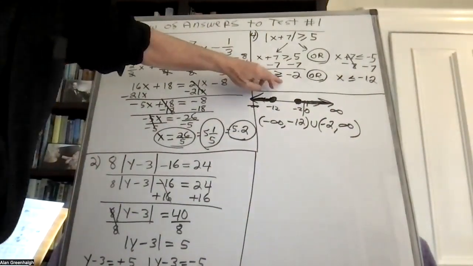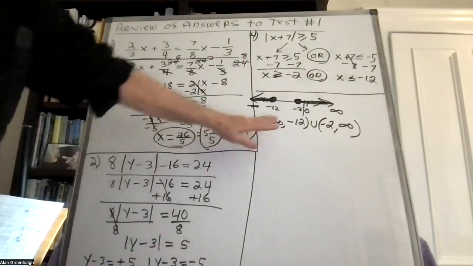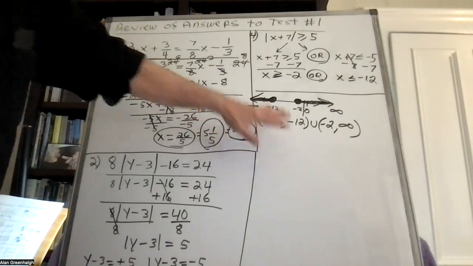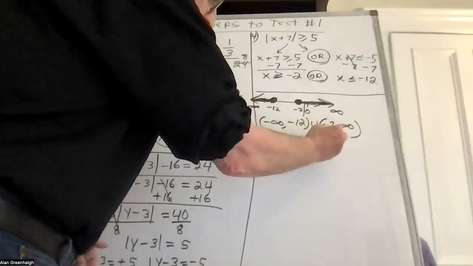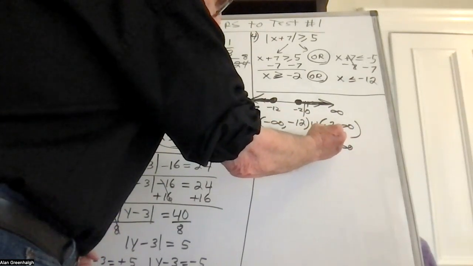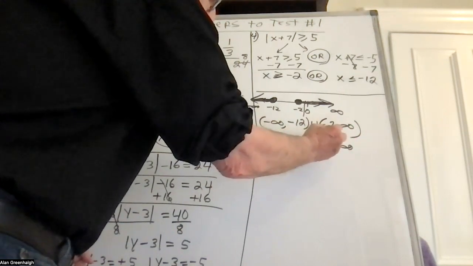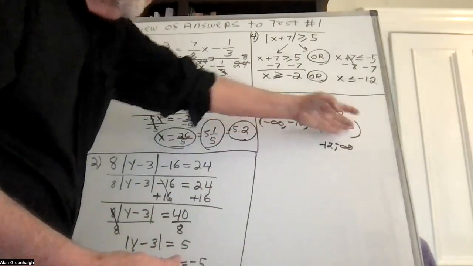Greater than or equal to -2, less than or equal to -12. And this is what it should look like. I know people had it all mixed up. People had one of them over here, the -12 to -infinity backwards, and they had this one over there and this one. This is what it should look like from now on.